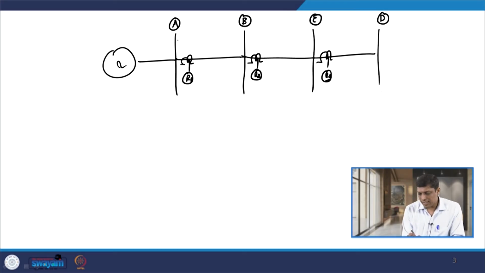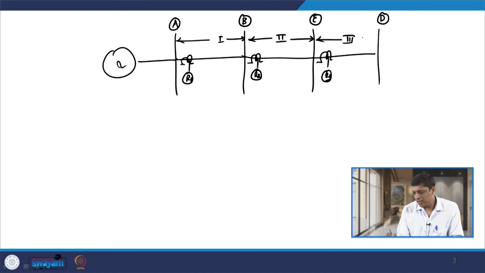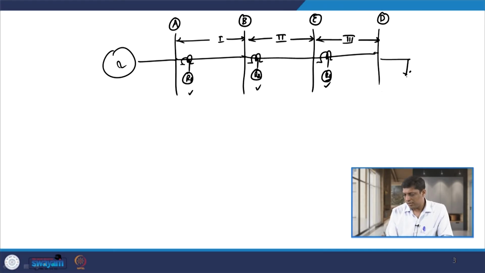So, this is feeder section 1, this is feeder section 2, and this is feeder section 3. In all the 3 sections we have connected 3 different relays, R1, R2 and R3, and of course there is the load connected at this point.